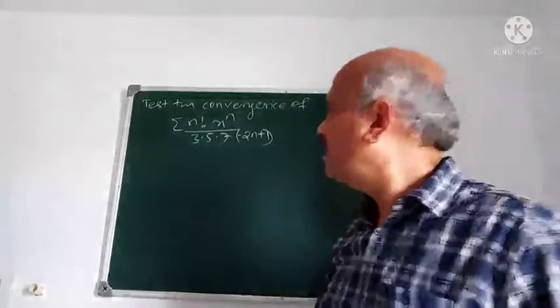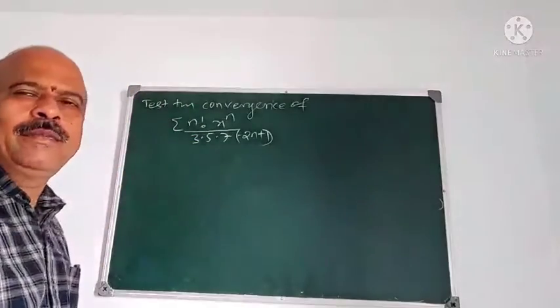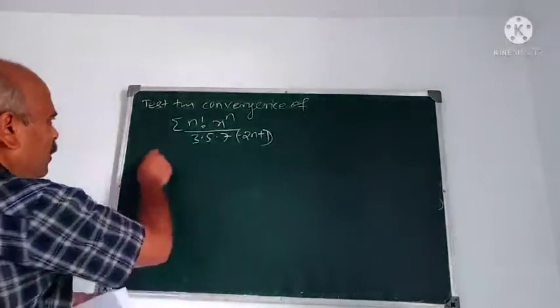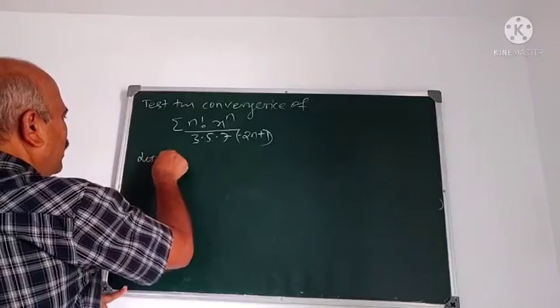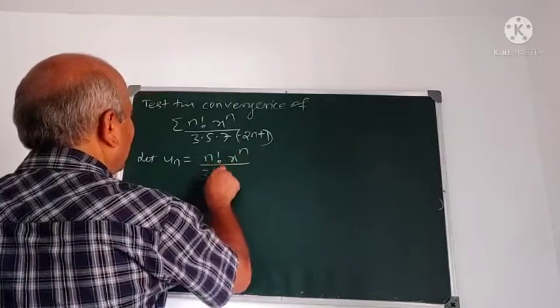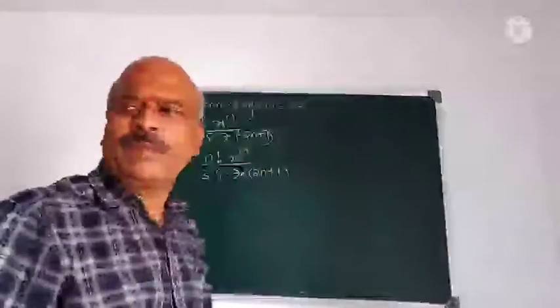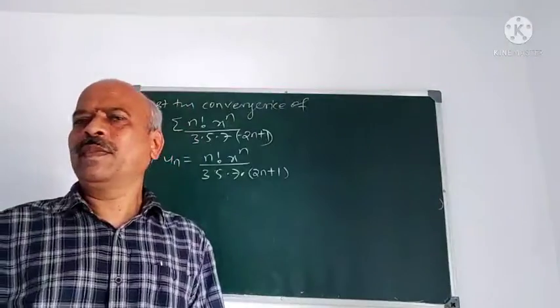What is the procedure? First, usually in this type of problem we apply D'Alembert's ratio test. So let un be n factorial x raised to n by 3, 5, 7, etc. up to (2n plus 1).